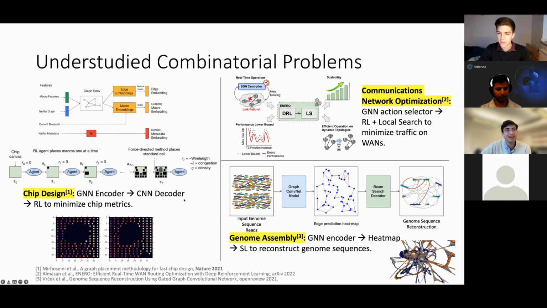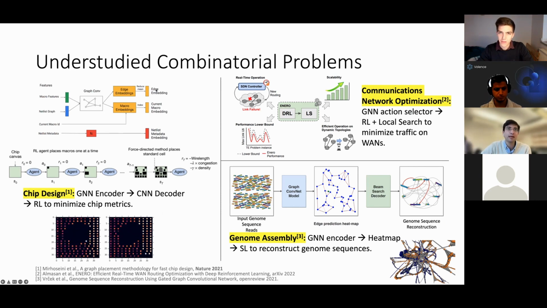How they set it up is, you basically have an RL agent that is learning to place certain things in a chip one step at a time. So autoregressive decoding in some sense. But the state space, or how they encode the problem, is via a graph. So they have certain features and it goes into a graph convolution.